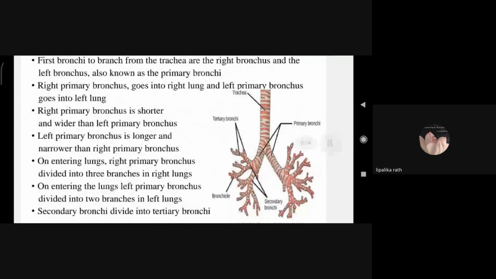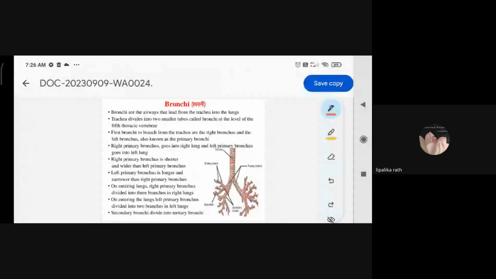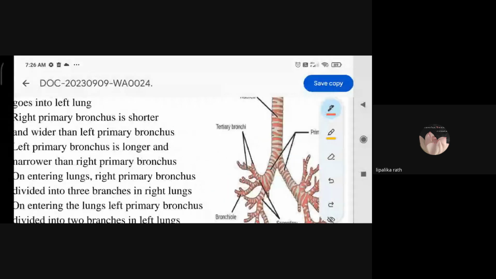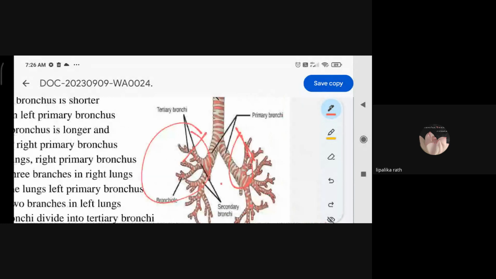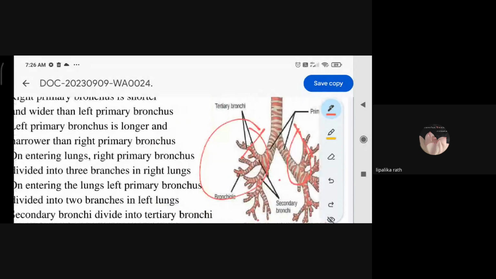Okay, you can see this in the picture too. I have already told you, in anatomical position, the picture is mirror viewed. So this portion is the right side and this is the left side. You can see in this picture that the right primary bronchus is wider and shorter.